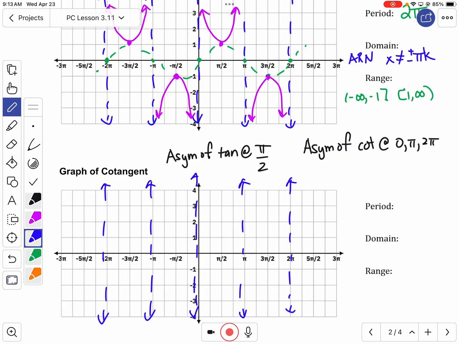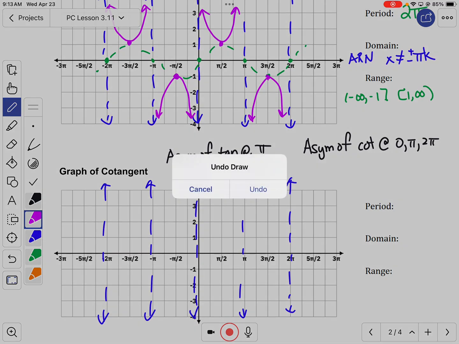Okay. So, cotangent starts with an asymptote. Get where you're going, drop an asymptote. Now, the picture for tangent is that increasing snake in the middle. If I flip it, what's going to happen to my snake? It's just going to decrease, okay?